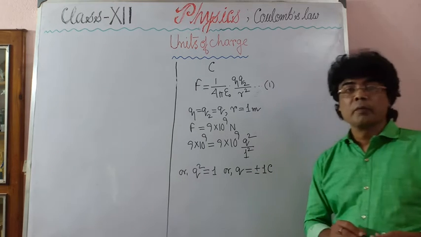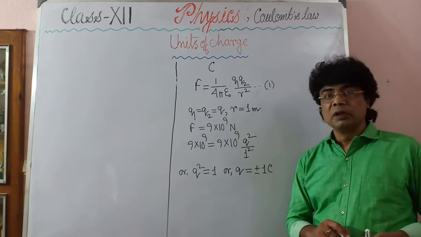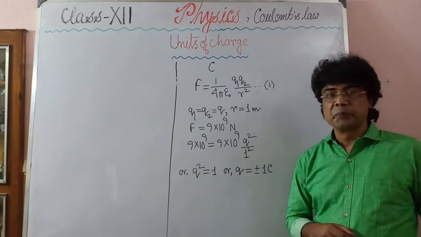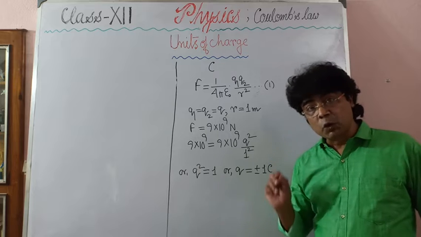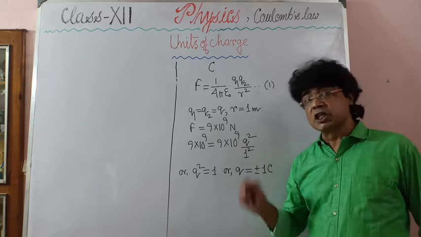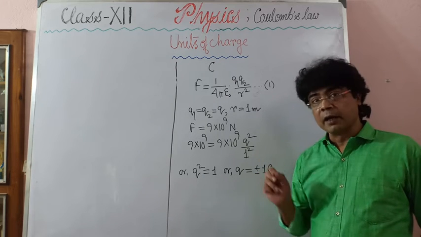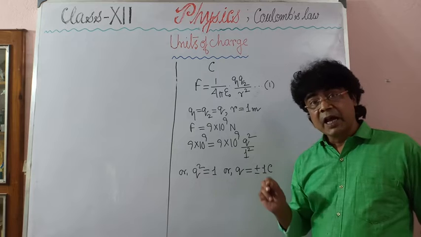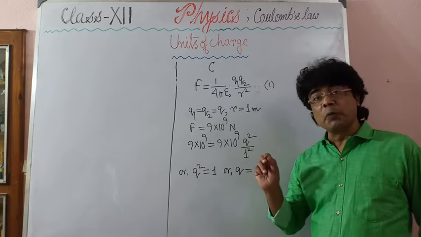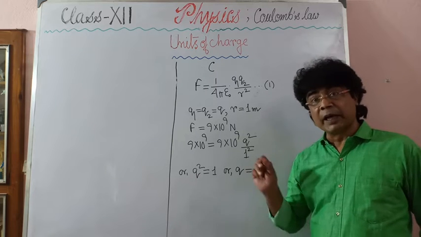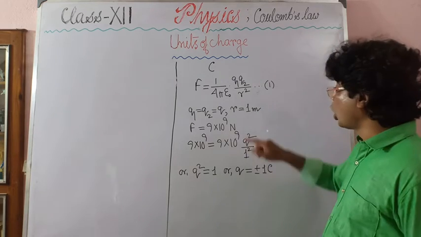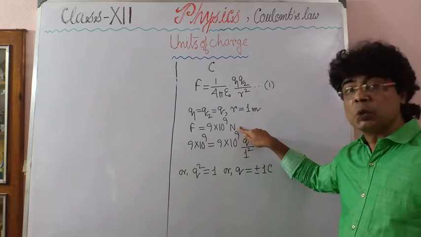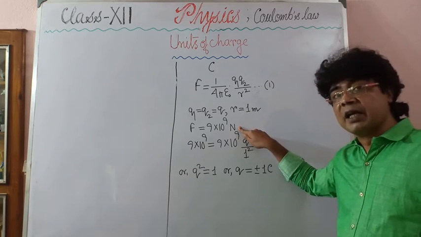So, 1 Coulomb is that charge which repels an equal and similar charge when placed at a distance of 1 meter from it in vacuum with a force of 9 into 10 to the power 9 Newton.